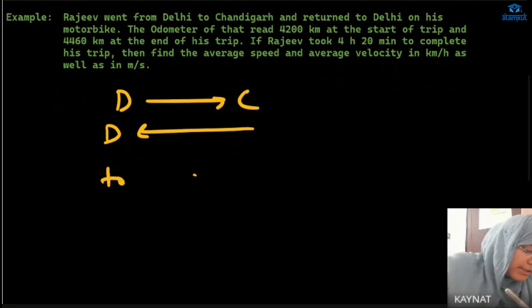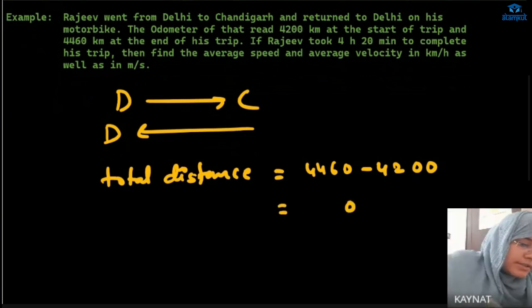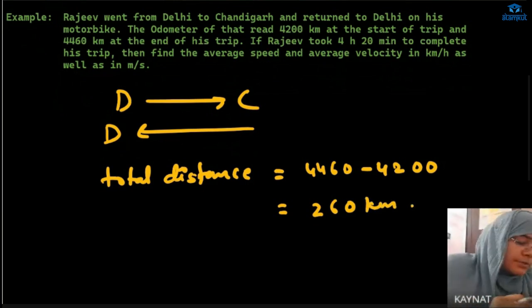So total distance traveled by the motorbike is 4460 minus 4200. It would be 260 kilometer. So this would be the total distance.